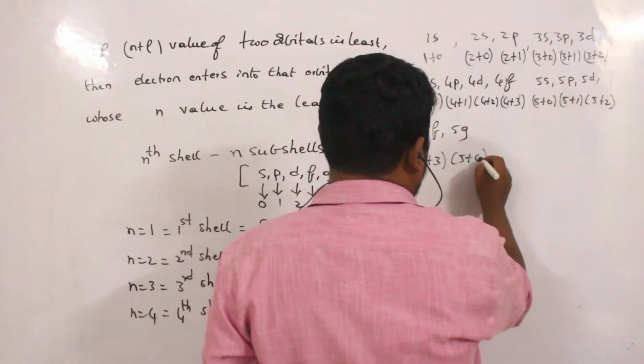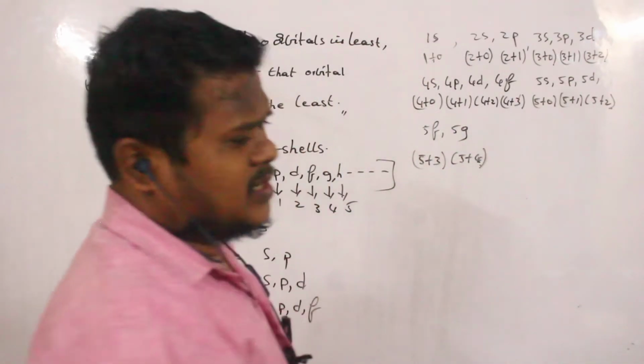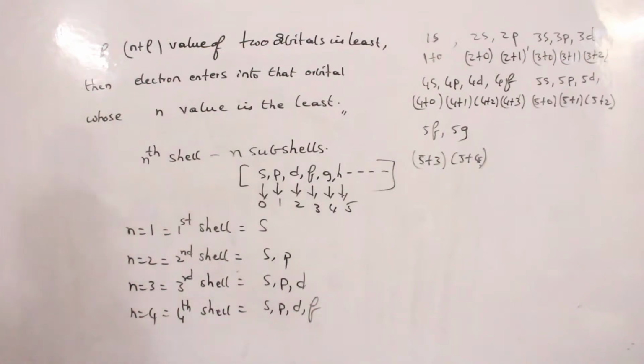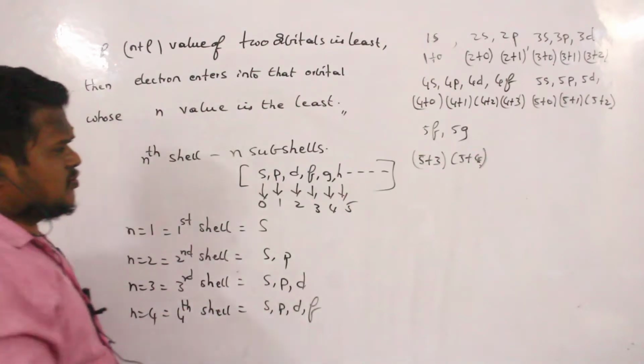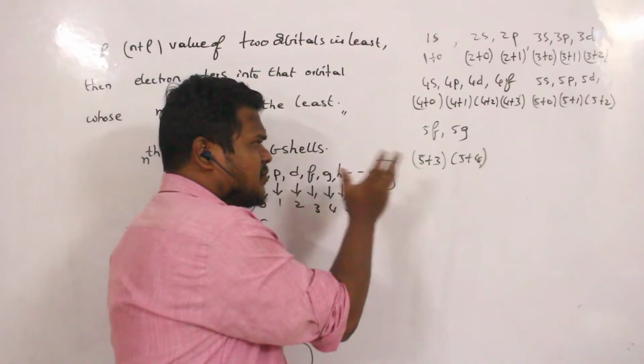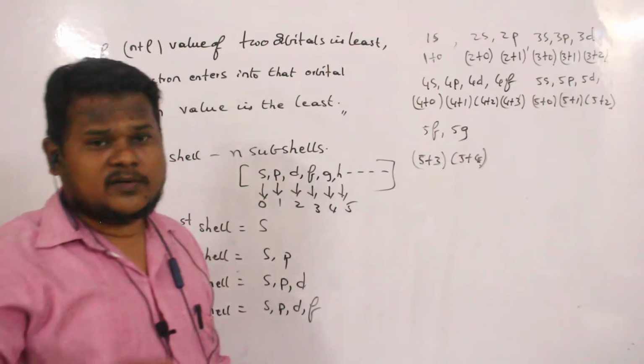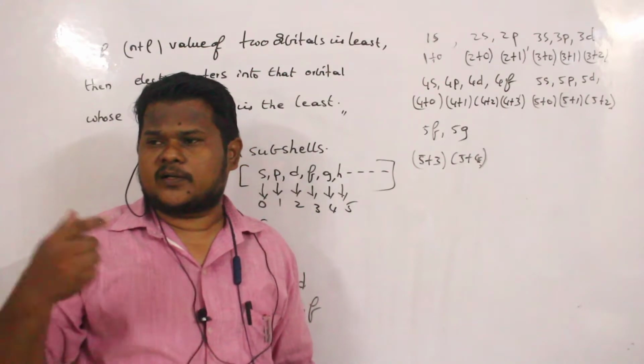Clear? So this is how I can write down n plus l values of all the different subshells which are present. Are you able to understand? Now by writing all the n plus l values, I can find out in which sequence electrons will enter into subshells.